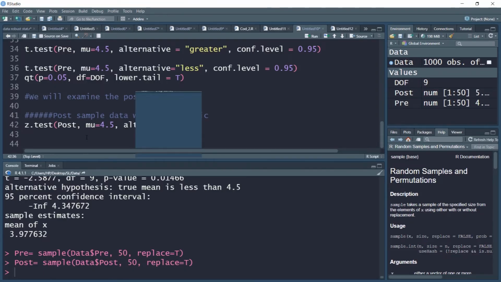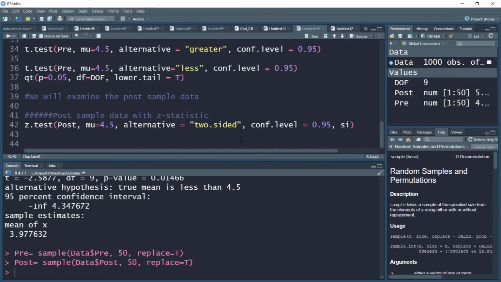The alternative argument we can set as two-sided. So first we'll start with two-sided. That means we test whether the post sample data has a mean of 4.5 or it is different than that. We'll again set our confidence level as 0.95, which means a significance level of 0.05.